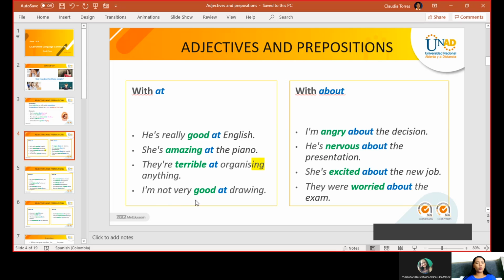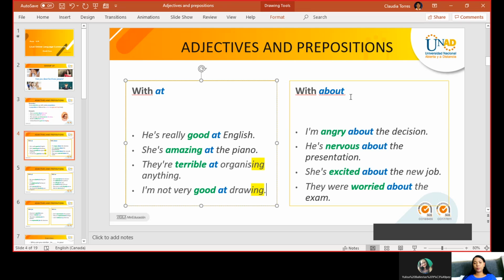I'm not very good at drawing. Again, drawing is a verb. So you need ing. Right? Okay. So remember, abilities or skills, you use at. It's not a rule, but it's a pattern. It can help you.